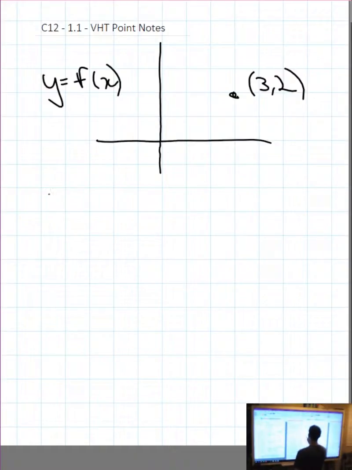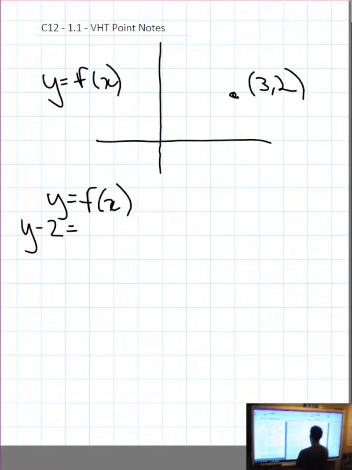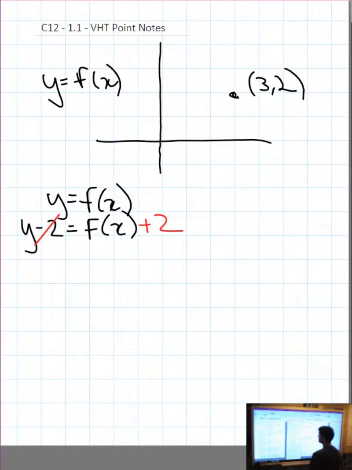Now, what if I take that function, y equals f of x, and I substitute y minus 2 in for y, and then I simply add 2 to both sides of the equation?